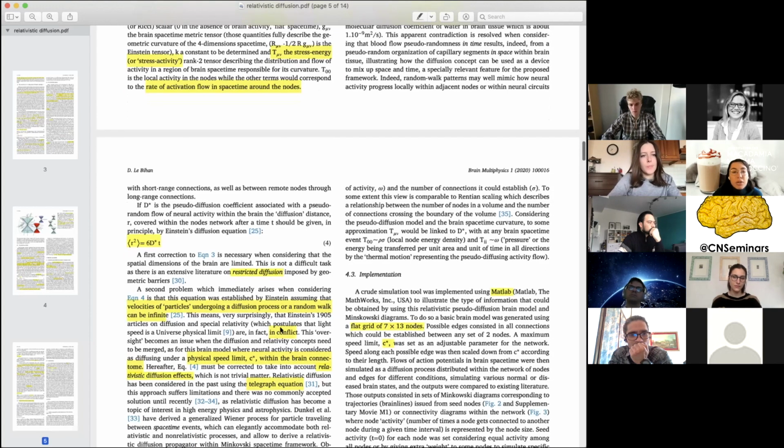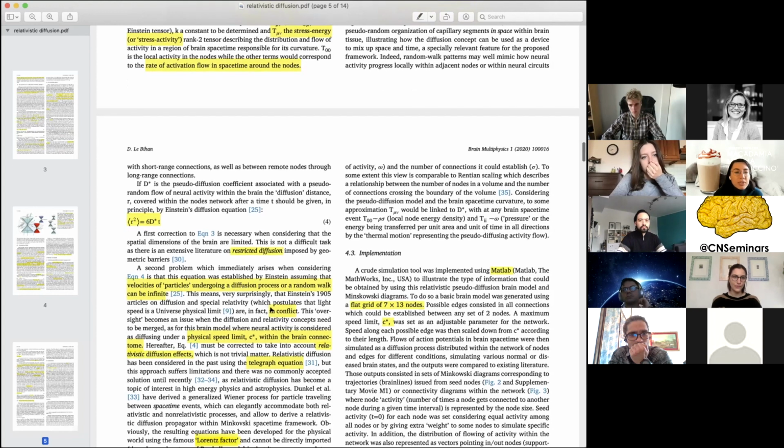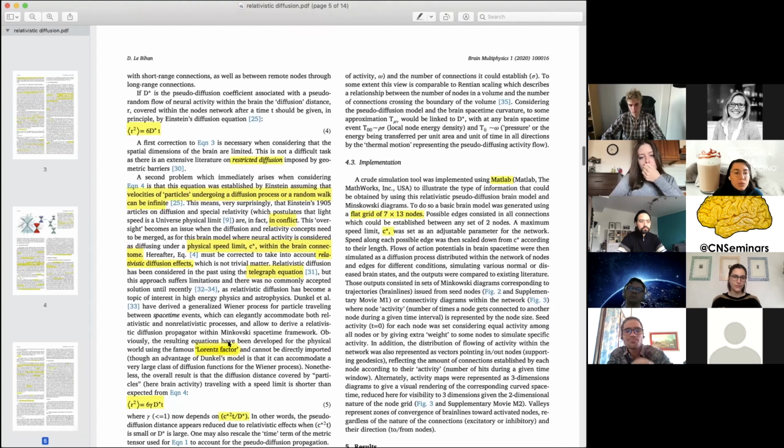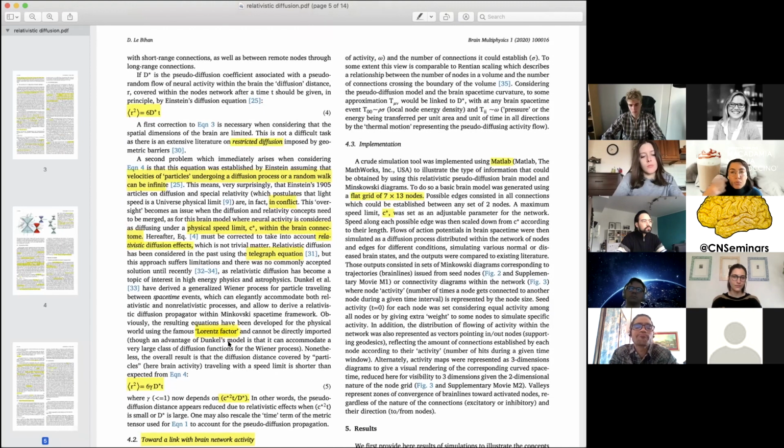This is actually in conflict with reality, where the velocities are limited by the structure of the connectome. So this is what is argued in this paper. And to improve this framework, here you have the Lorentz factor gamma.